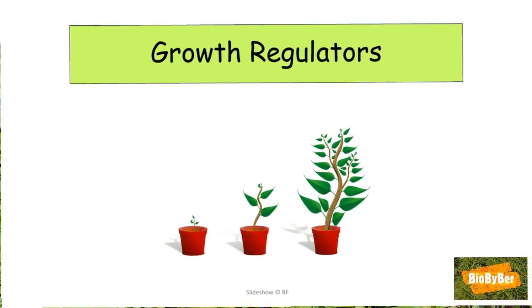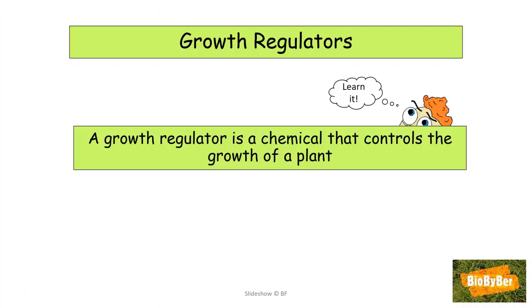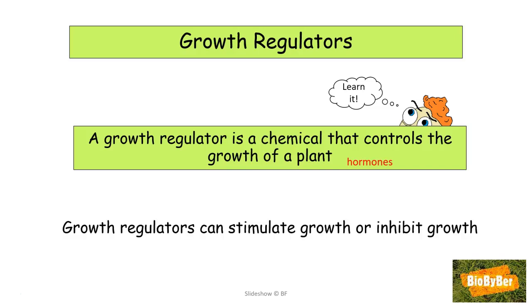Growth regulators. Well, what is the definition of a growth regulator? This is one of the objectives of our lesson, so make sure you learn it well. A growth regulator is a chemical that controls the growth of a plant. In our day, they used to be called hormones.